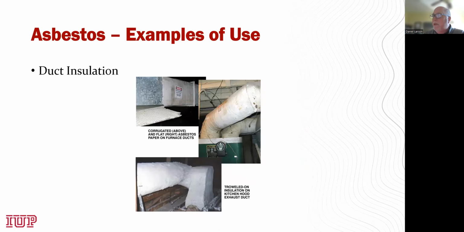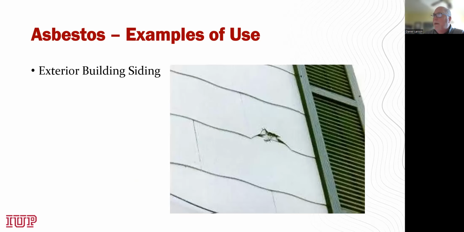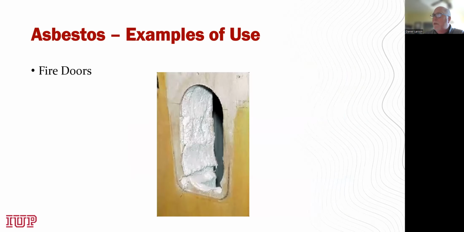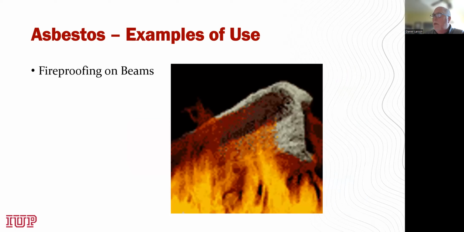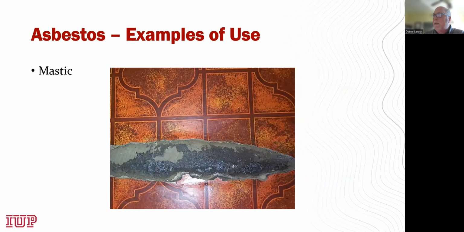There's duct insulation that could contain asbestos. Electrical insulation could contain asbestos. Exterior building siding, fire blankets, fire curtains, fire doors, fireproofing on beams, flue pipes, if they're insulated, could contain asbestos.